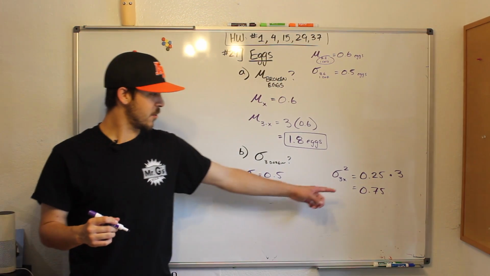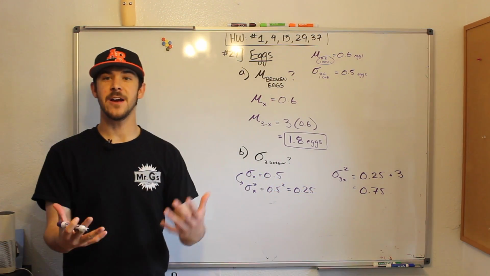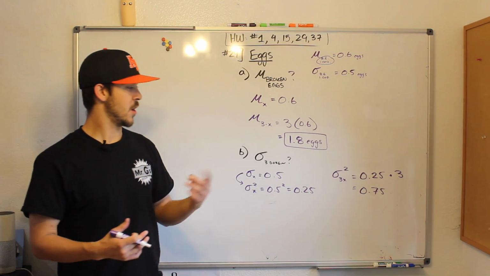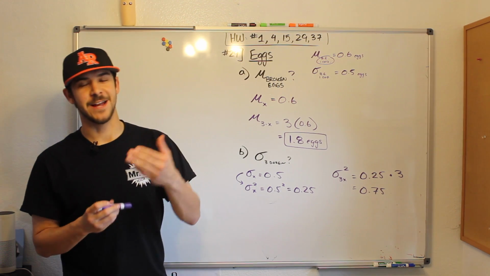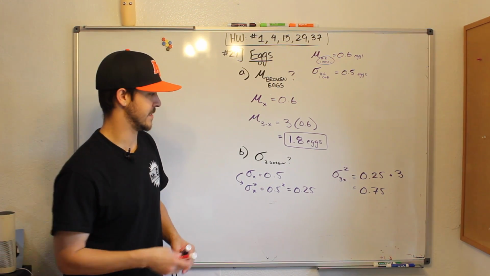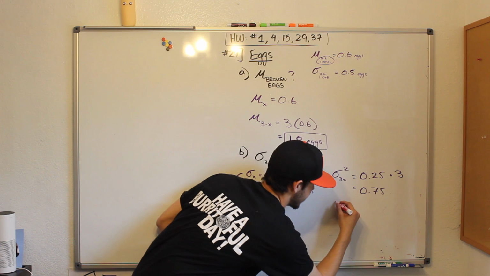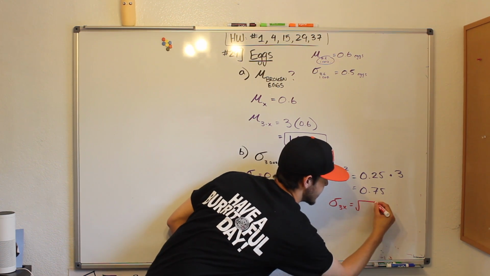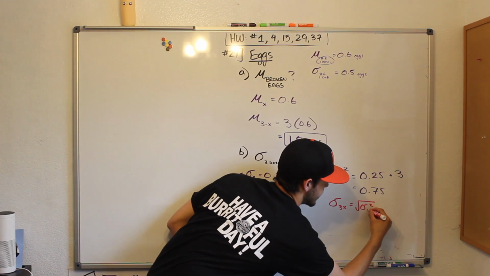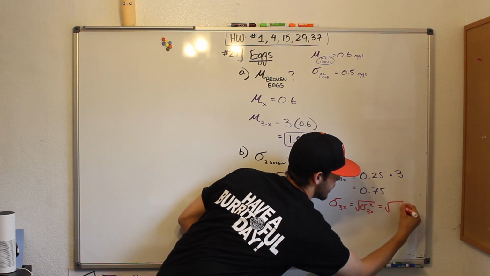Now, with 0.75 as the variance for our 3 dozen eggs, we can take the square root of that and end up finding the standard deviation of those 3 dozen eggs. So I'm going to use my red pen. Standard deviation of 3x is going to be the square root of that value.